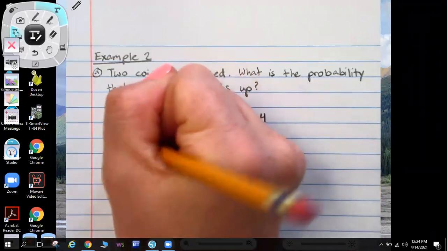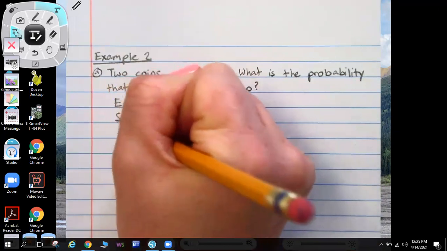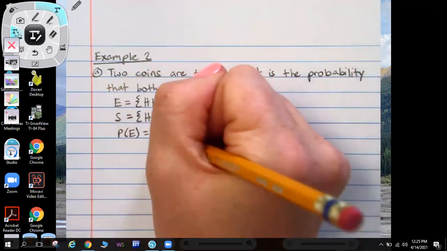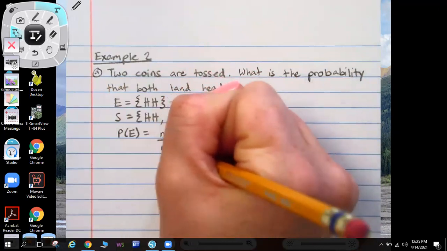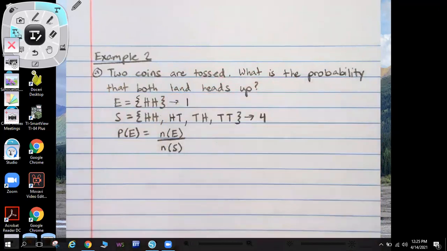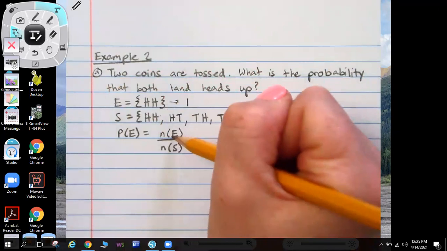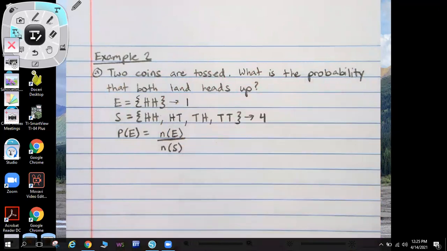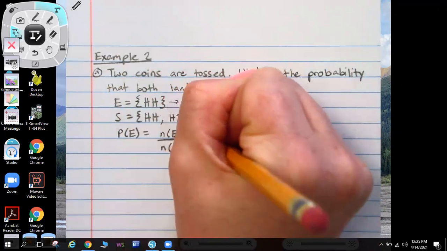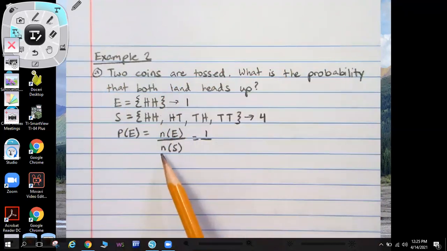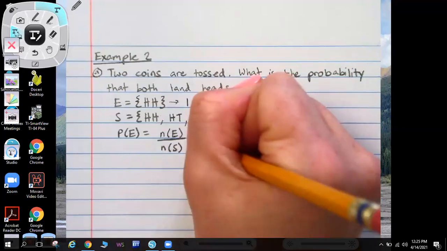So to find the probability, the numerator is the number of outcomes that would make the event true, which we said that is 1. And the denominator is the total number of possible outcomes, which we said is 4.